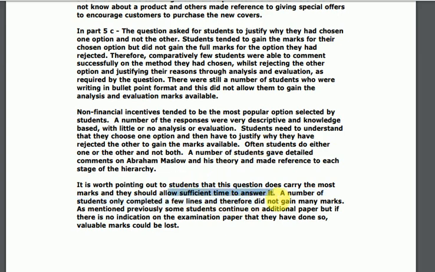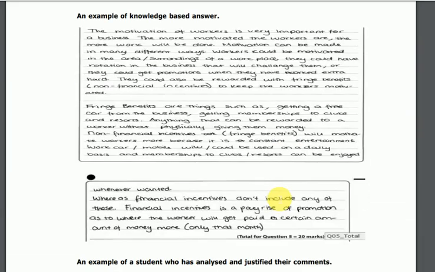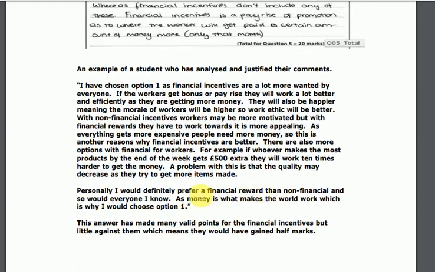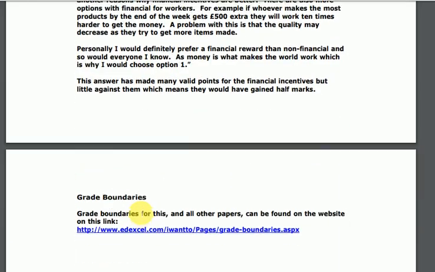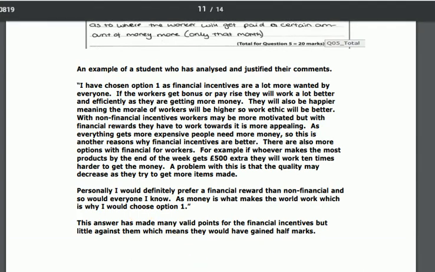Giving yourself sufficient time really is a problem each year. There's an example of students' work. So the key thing really is give yourself 20 minutes. Possibly do this question first. I don't see why not. Giving yourself maximum opportunity for 10 marks.